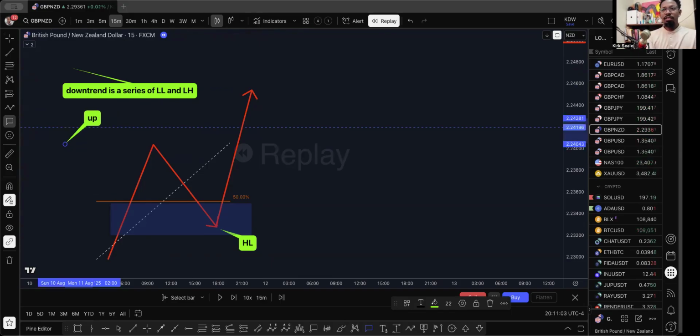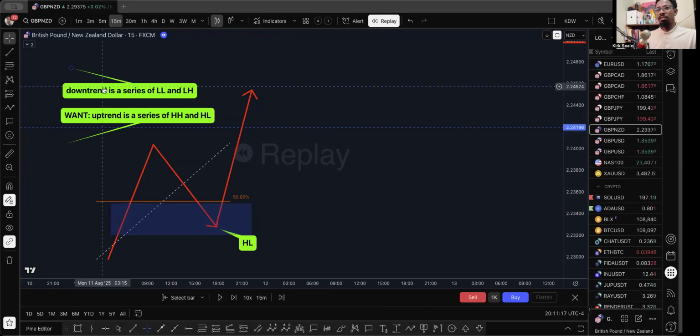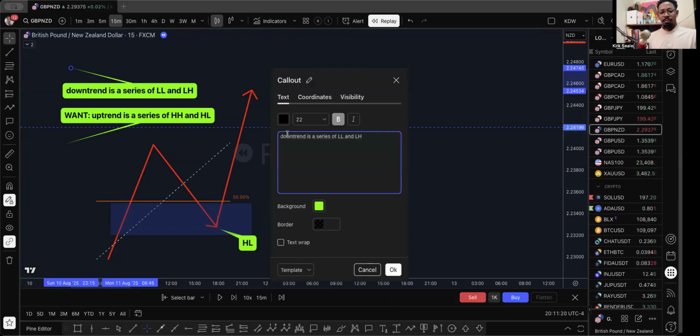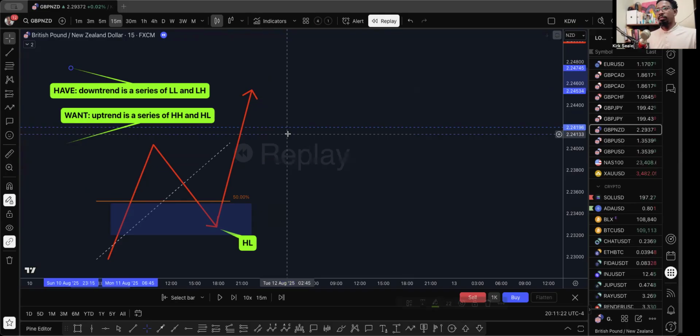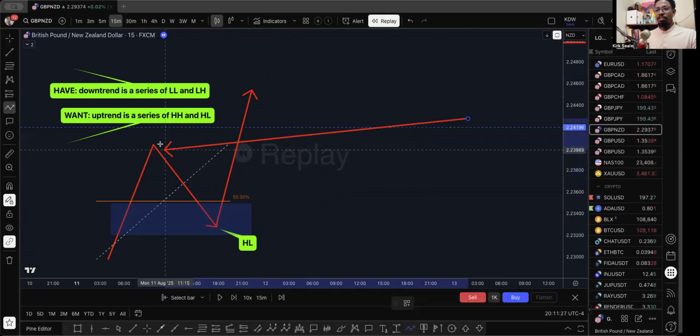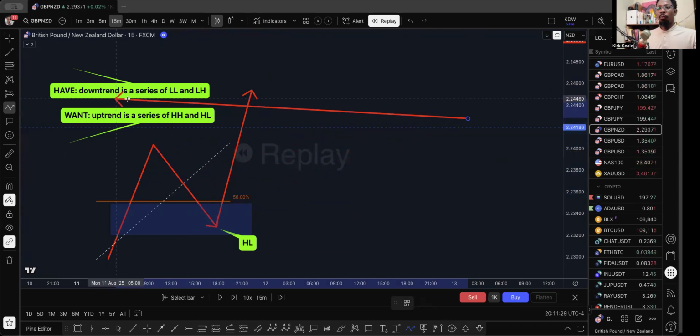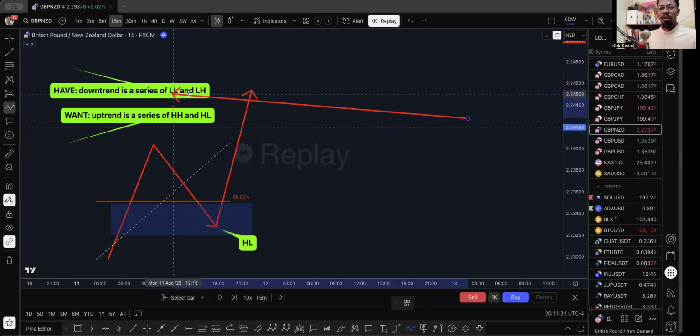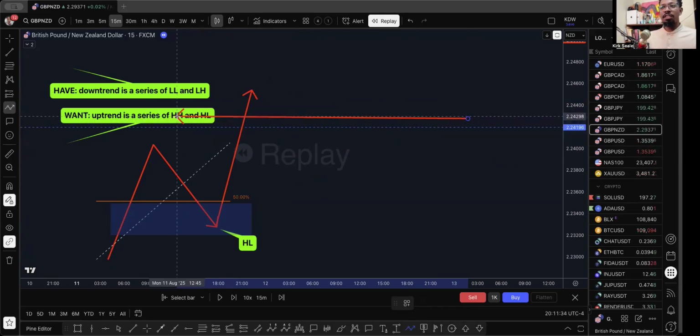And an uptrend is what we want, right? The uptrend is what we want. Is a series of higher highs and higher lows. So when we're looking at price trading down, we want to stop seeing lower lows and lower highs and start seeing higher highs and higher lows.